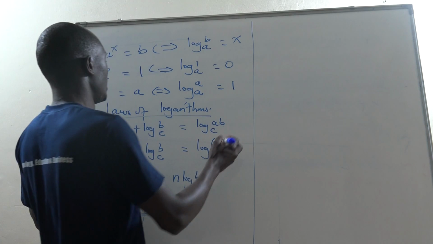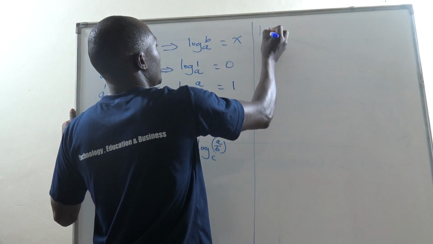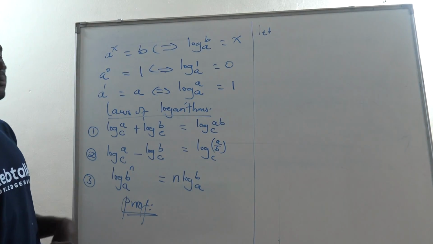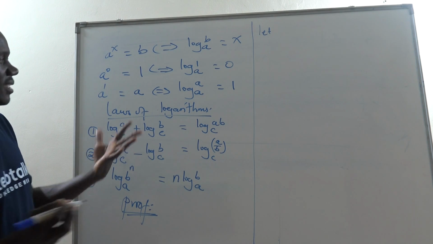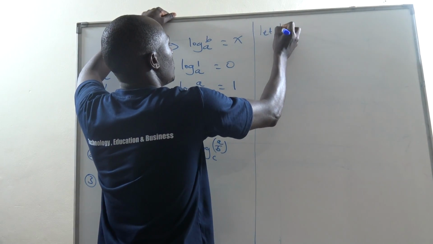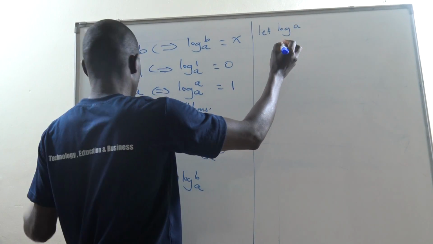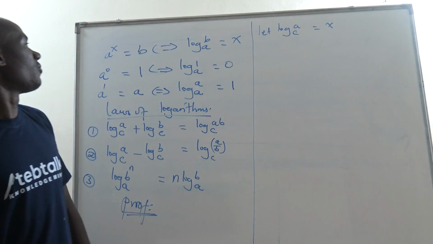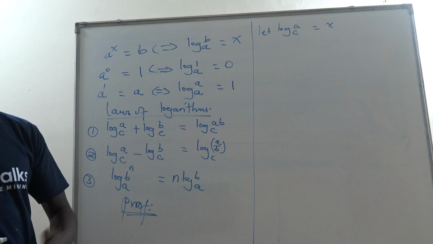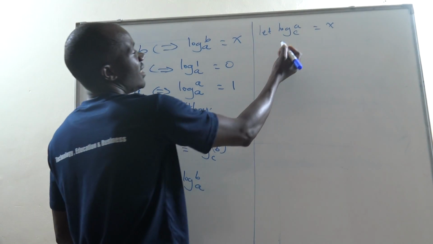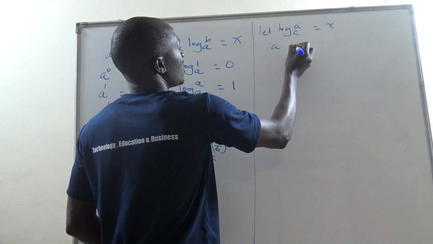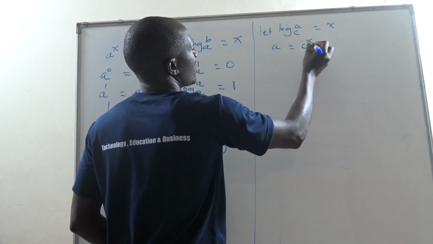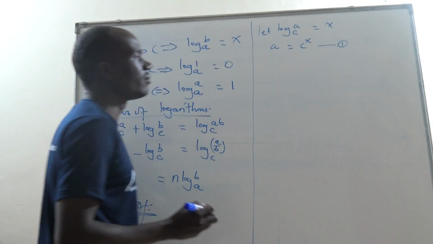I can start by saying, let log of a to base c equal x. So where it came from is the index form. This implies that a equals c power x. I call this equation 1.